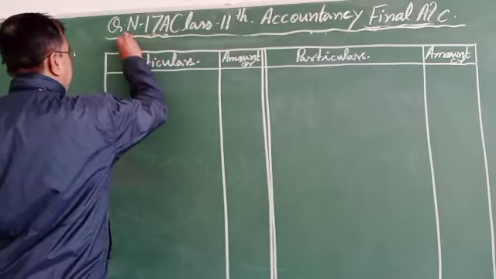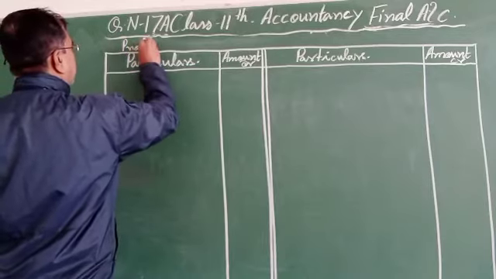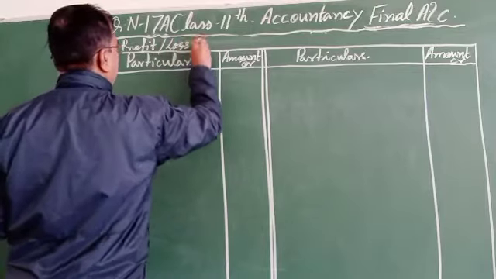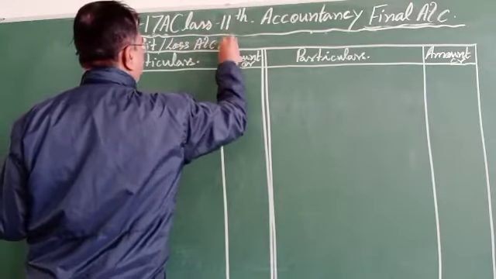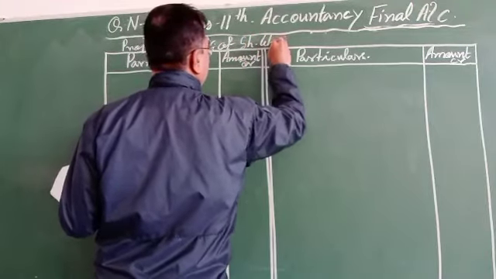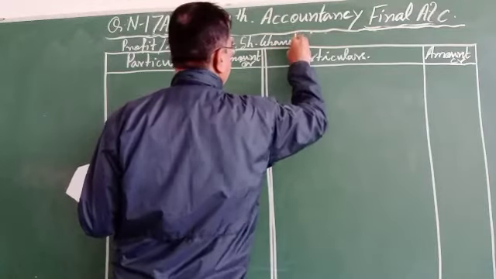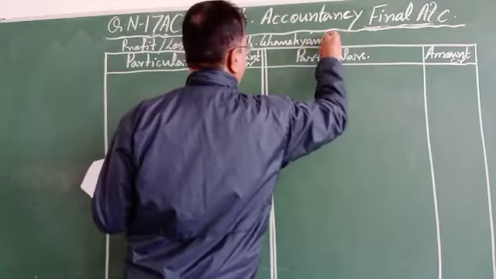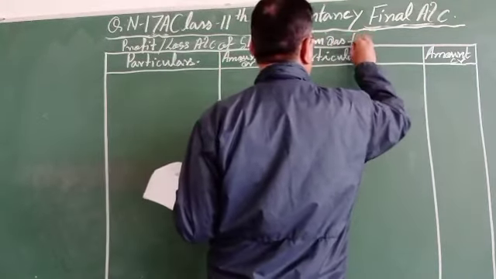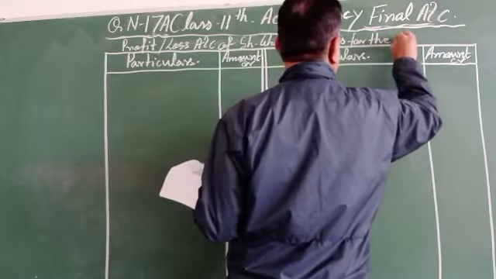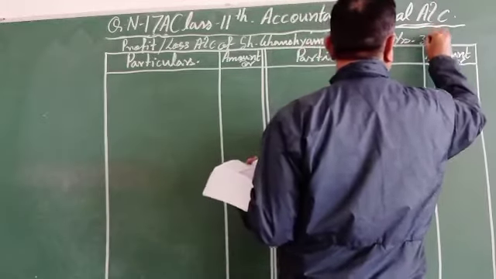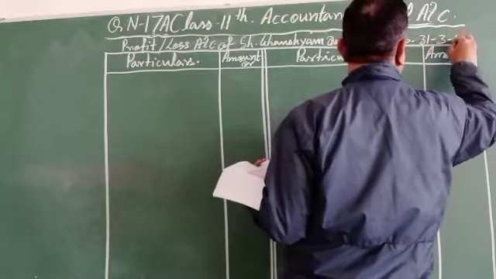So we can write here the profit and loss account of Shah Ghanshyam Das for the year ended 31st March 2017.